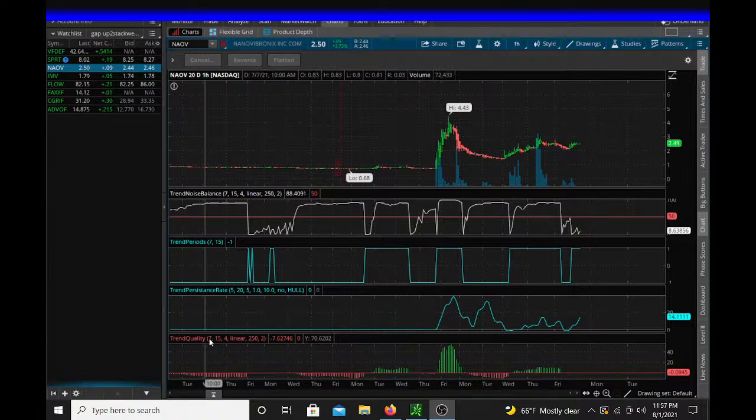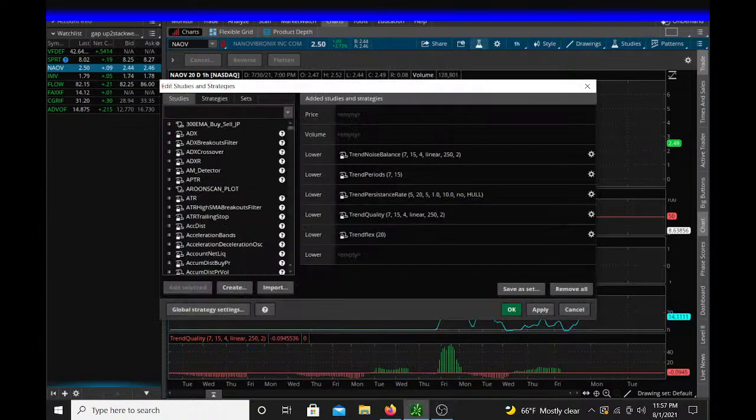Let's see our trend quality and our trend persistence rates. Those are some interesting studies there. Let's go and pull that up.